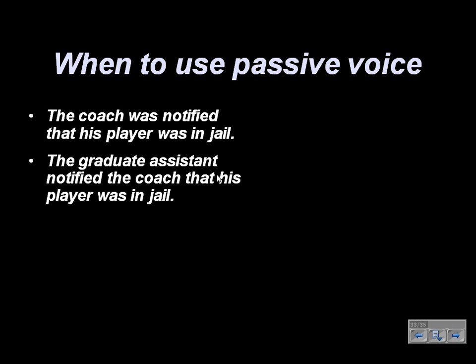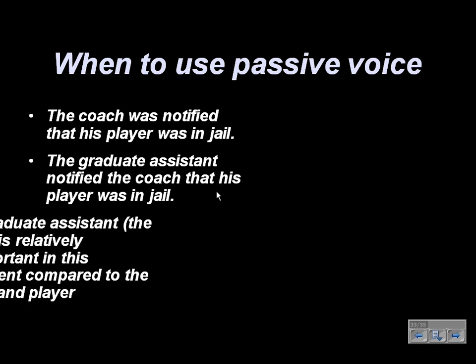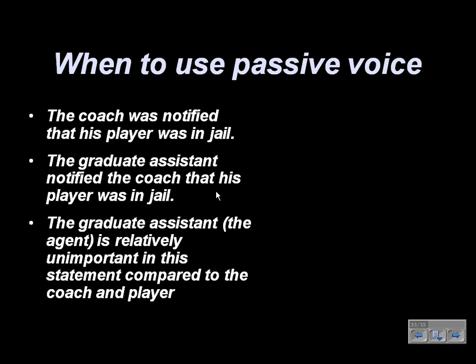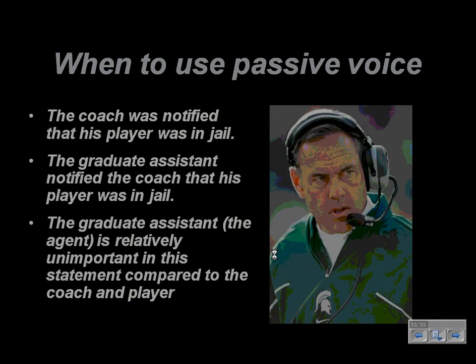We could turn it around and make it active. We could say, the graduate assistant notified the coach that his player was in jail. That makes it active. Graduate assistant is the actor or the agent in this sentence. So we include that, but you can see that that's not all that appropriate. The graduate assistant, the agent, is relatively unimportant in this statement compared to the coach and player.